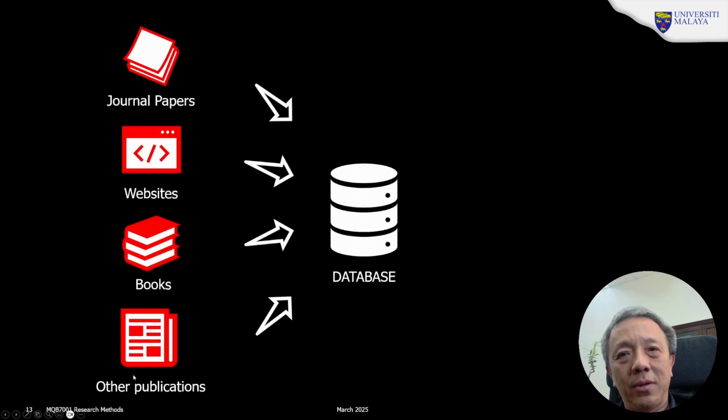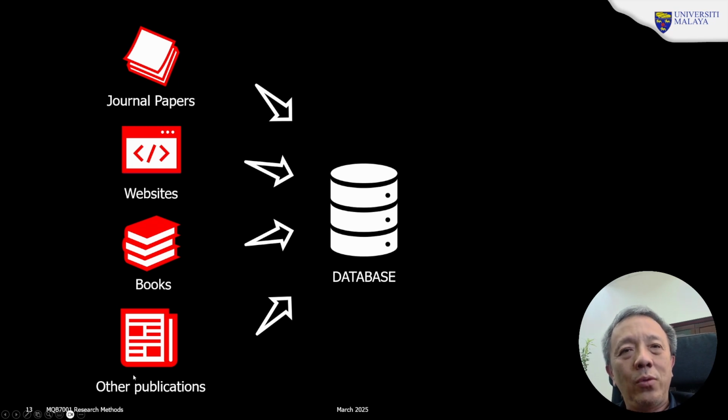So how does this program work? This program works by either you importing or manually entering data into the program from information from journal papers, websites, books, and other publications. The information is then transferred to the database and stored in the database, sometimes called libraries.